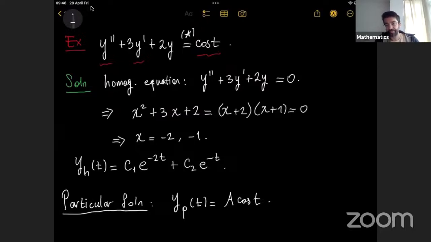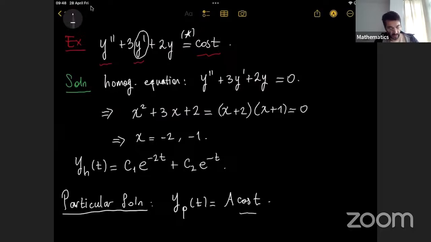The reason is when you take the derivative of cosine, you will get a sine function, minus sine. But there is no sine on the right-hand side. That means you never get an equality.